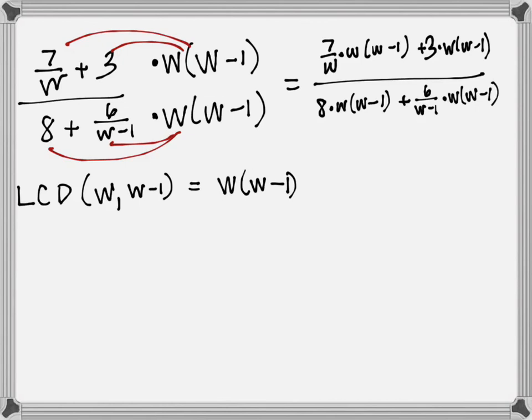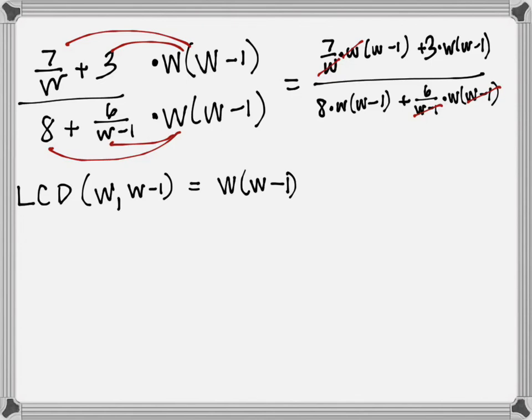So it looks messier. I do have some pieces that are not quite as friendly, but I still have the little denominators canceling. That W cancels. This W minus 1 cancels. And there are no more little denominators to be had.